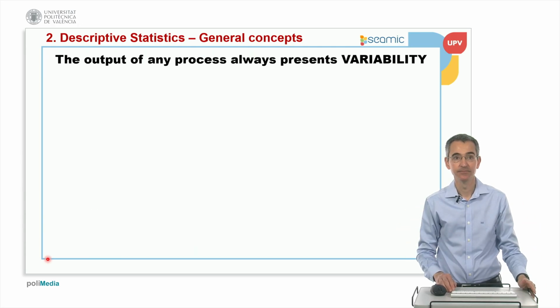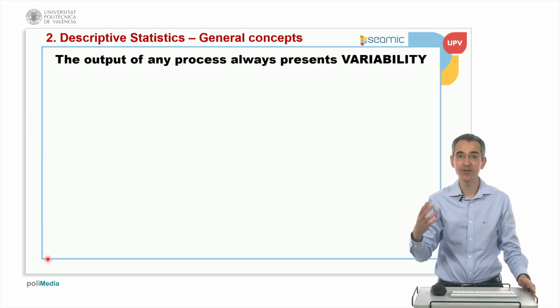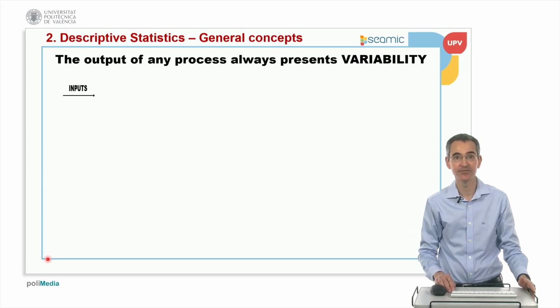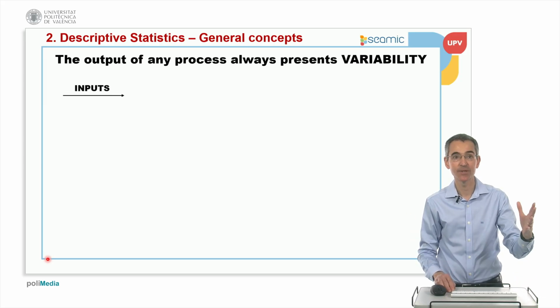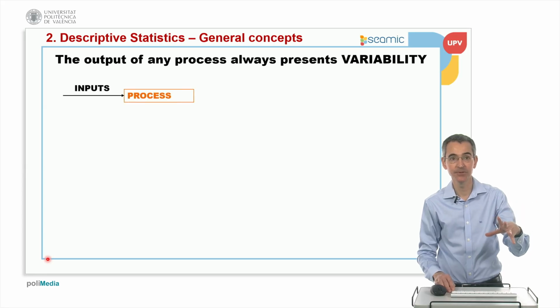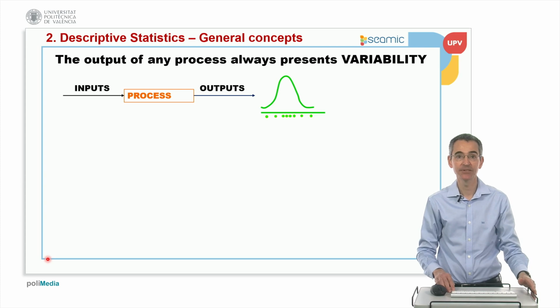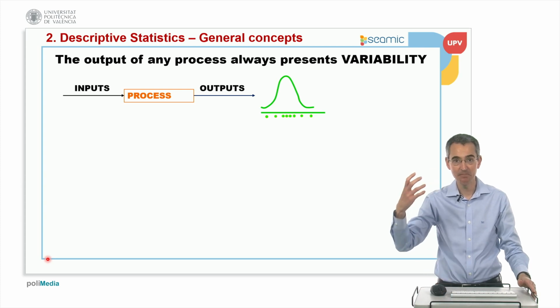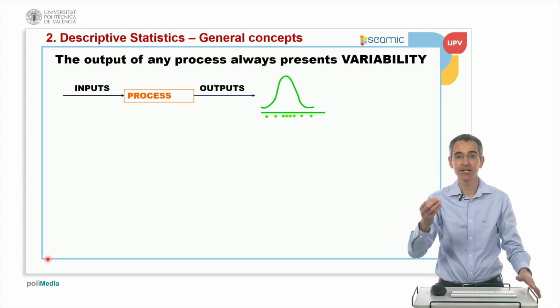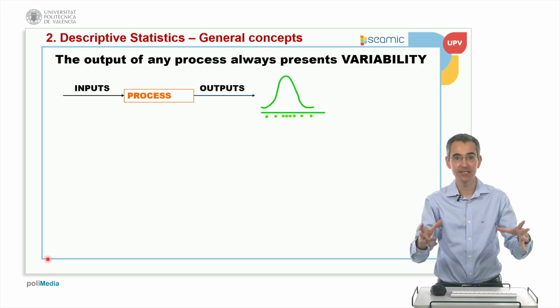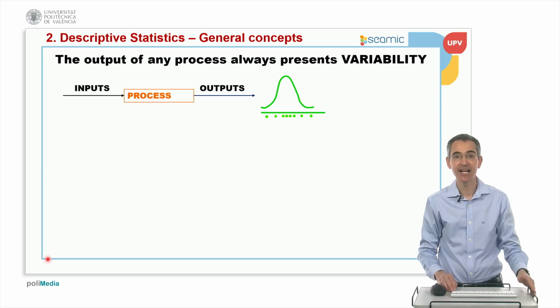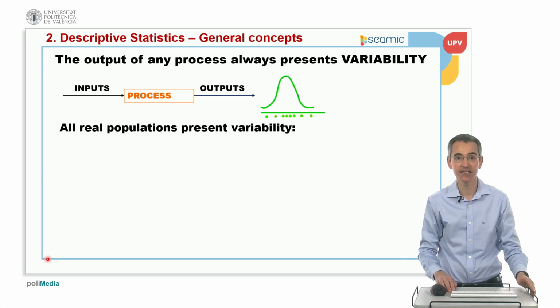Okay, so another idea is that the output of any process always presents some type of variability. So in general, we can say that we have some kind of input, we have a process, and then the process generates an output, and then I can measure something. And so if I use an instrument of measurement with enough accuracy, I can have data which are not always constant.